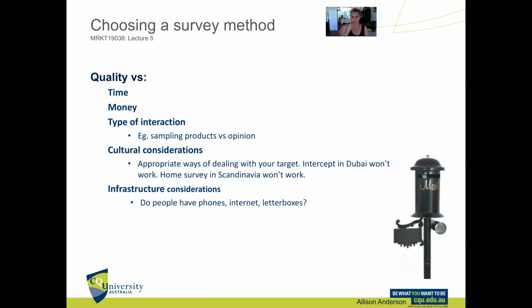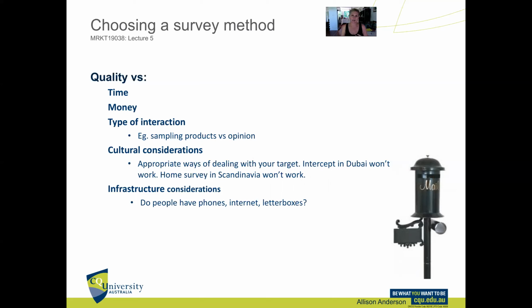Cultural consideration. So there are appropriate ways of dealing with your target. Now, I was in Dubai last year, and I'm pretty sure an intercept survey in the mall in Dubai wouldn't work, particularly if a male was administering it, because there were women in the full black gowns. And I think they would probably not feel comfortable with a man coming to ask them a question, or in fact even me in my Western clothes.